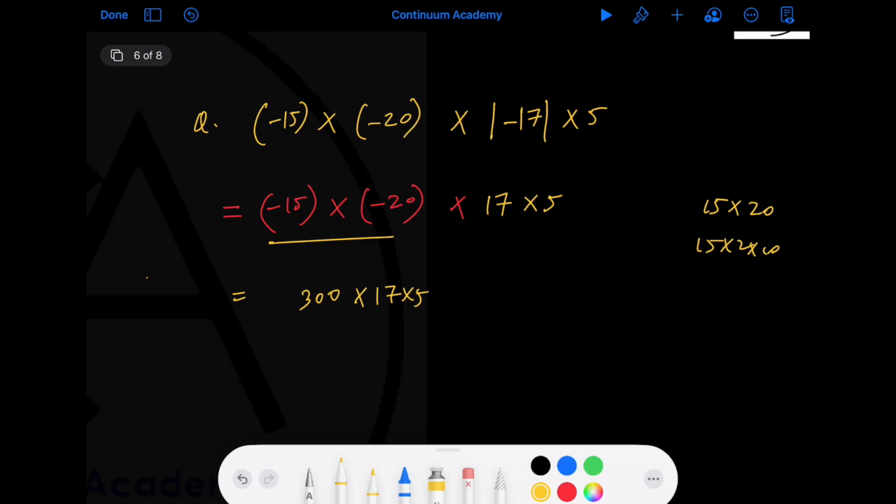Now multiply 17 into 5, which is 85. So 85 into 300 is your answer. Clear? So don't get confused with mod and the bracket.